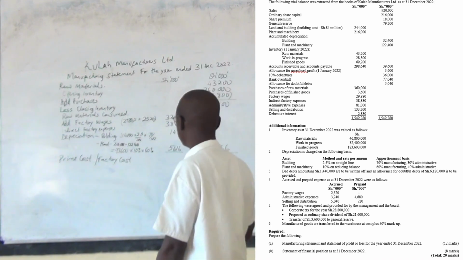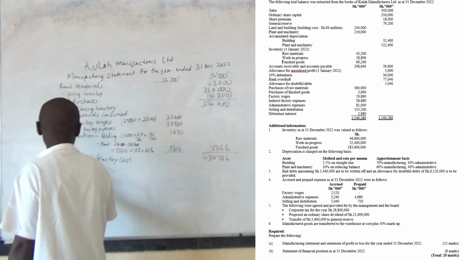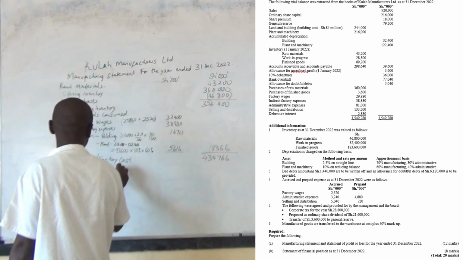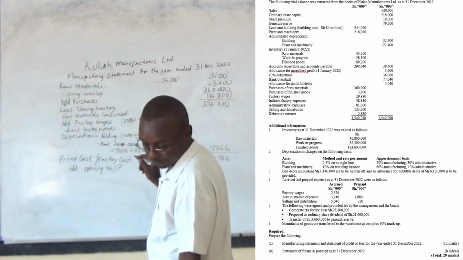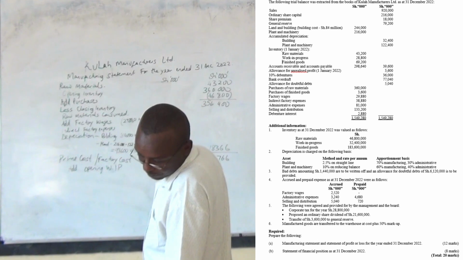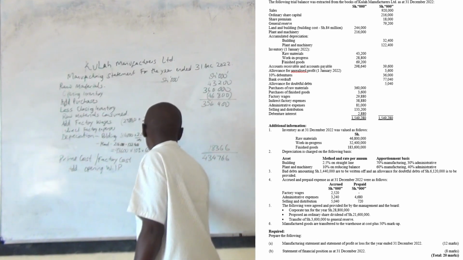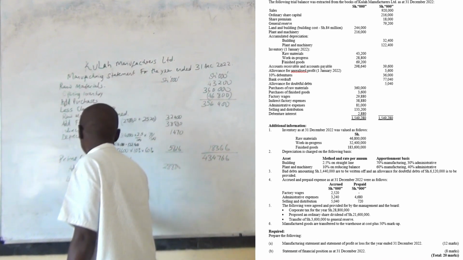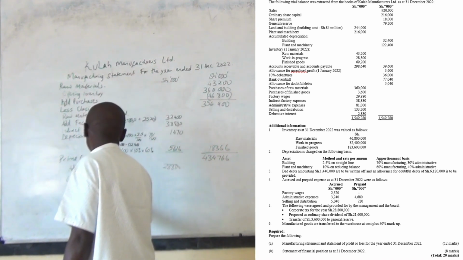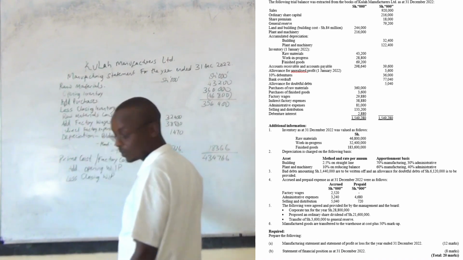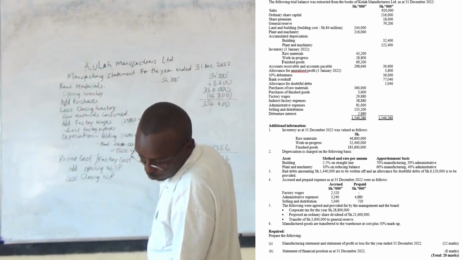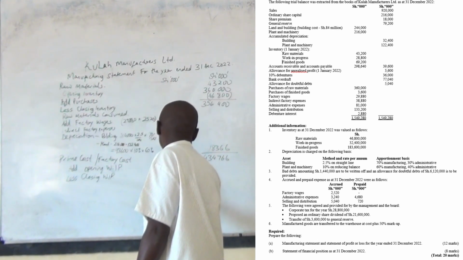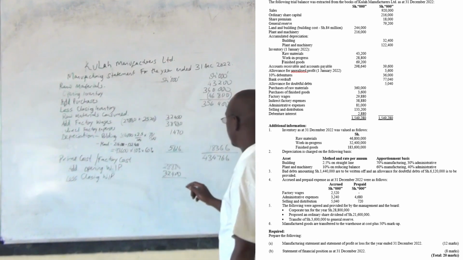We start with opening work in progress. How much? 800, less closing work in progress. You get what is there? 32,400. Less this.